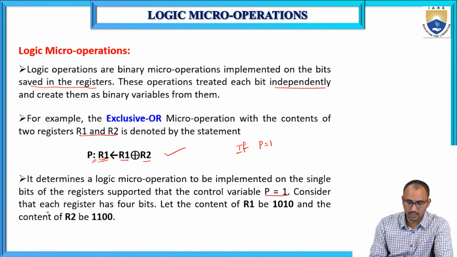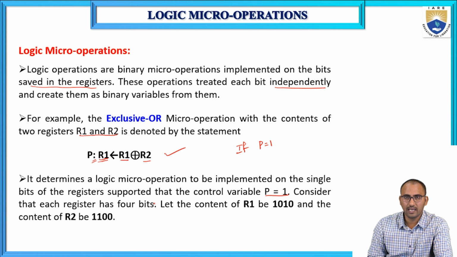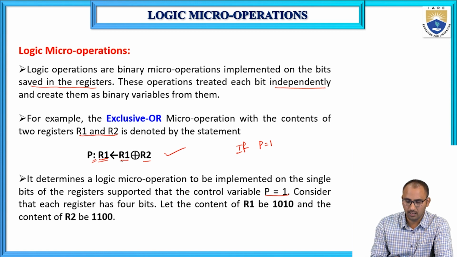Consider that each register has 4 bits. Here we are considering two registers, the R1 register and the R2 register, each 4 bits in length.